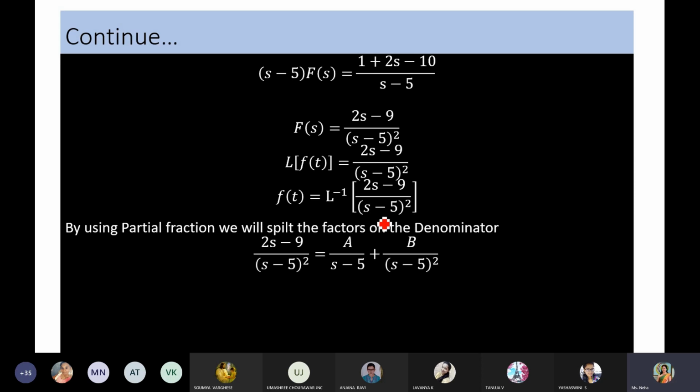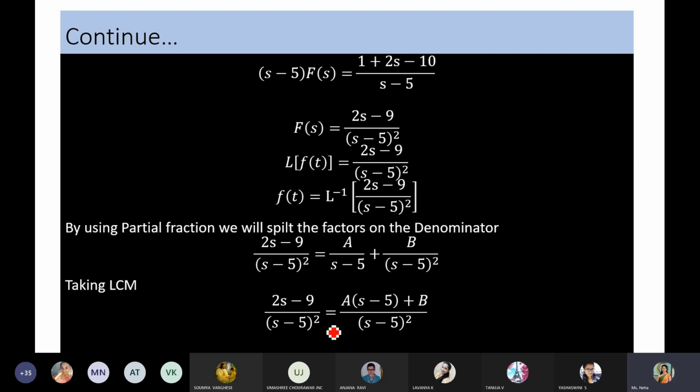So 2s minus 9 divided by s minus 5 whole square I am writing as a by s minus 5 plus b by s minus 5 whole square. Since we have two factors in the denominator, first you will write s minus 5, then you will write s minus 5 whole square. Then take the LCM.